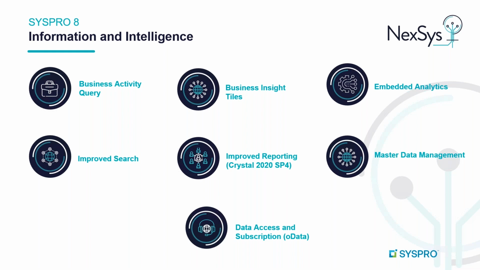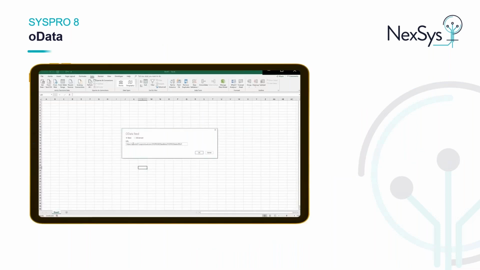Earlier releases of SYSPRO 8, we'd also upgraded access to data. ODBC, imagine that on steroids through the OData functionality. This is native functionality that's available outside of the SYSPRO realm. It's also available for you to be able to access data directly into other environments, such as Excel.